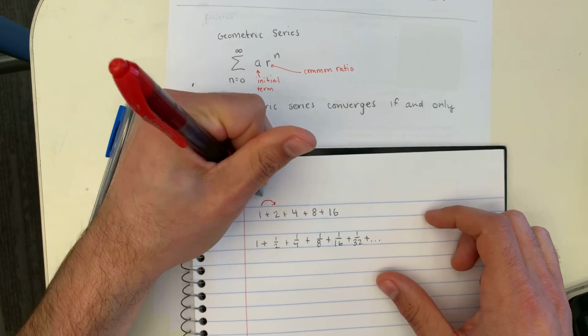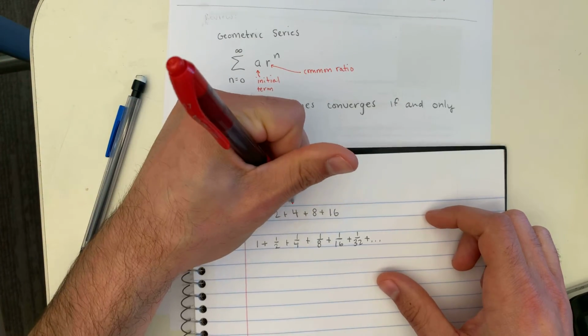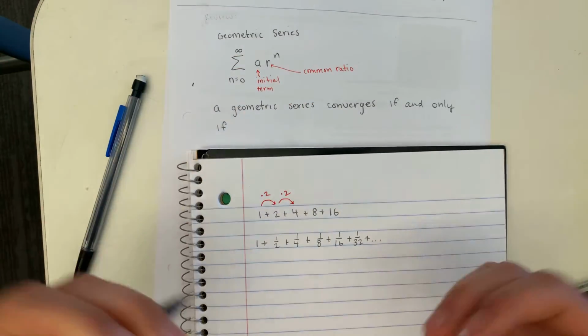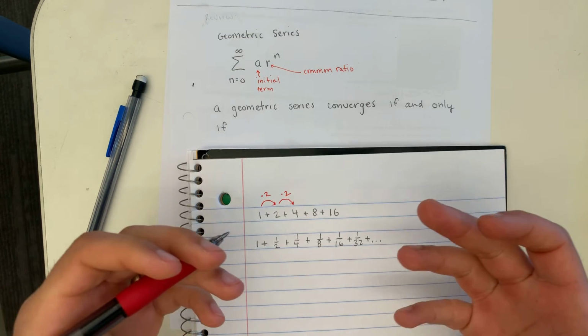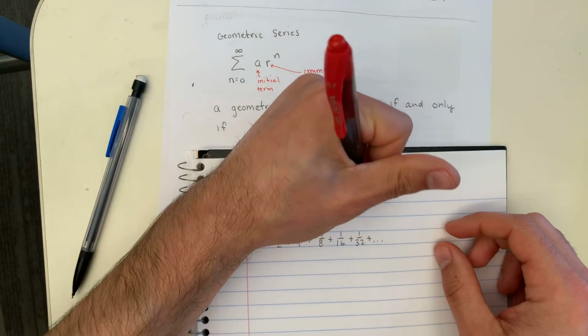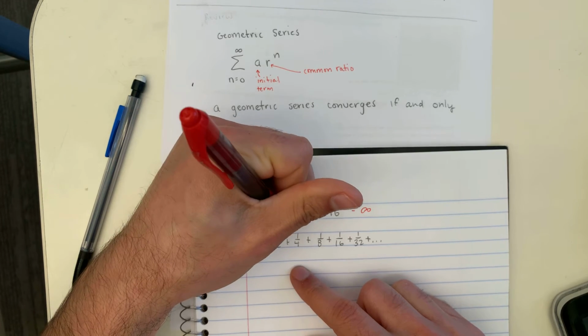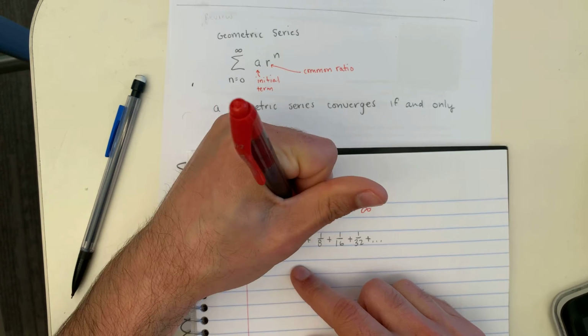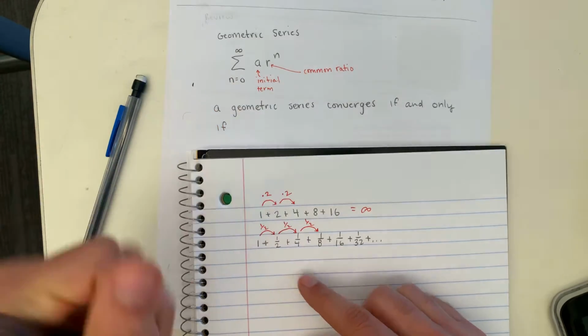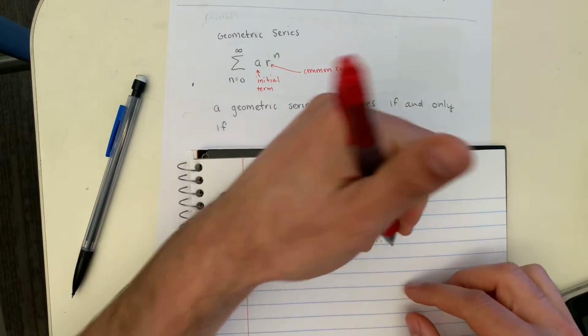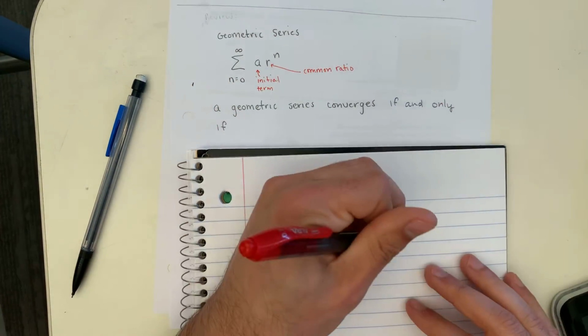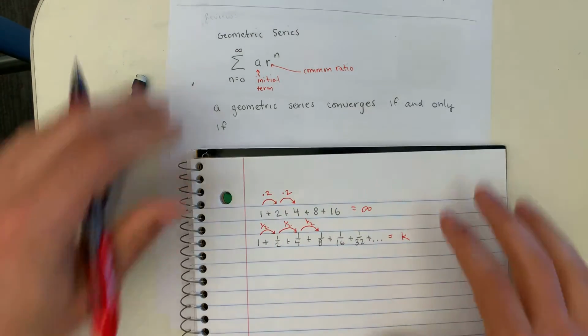If you're multiplying by a big number every time, like times 2, bigger than 1, that's going to make it diverge. It's going to be infinity. But if you're multiplying by a half every time, then that would be an example of converging. It's going to equal a finite, some constant number.